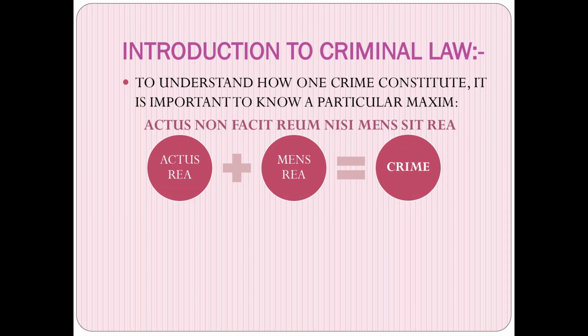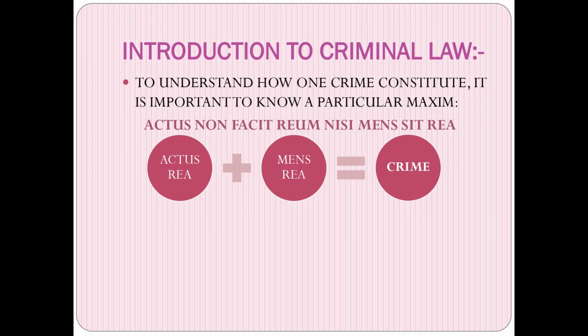Under this maxim, there are two important elements. They are actus reus and mens rea. When these two things are together, then it particularly commits the crime. Actus reus is the physical element and mens rea is the mental element.